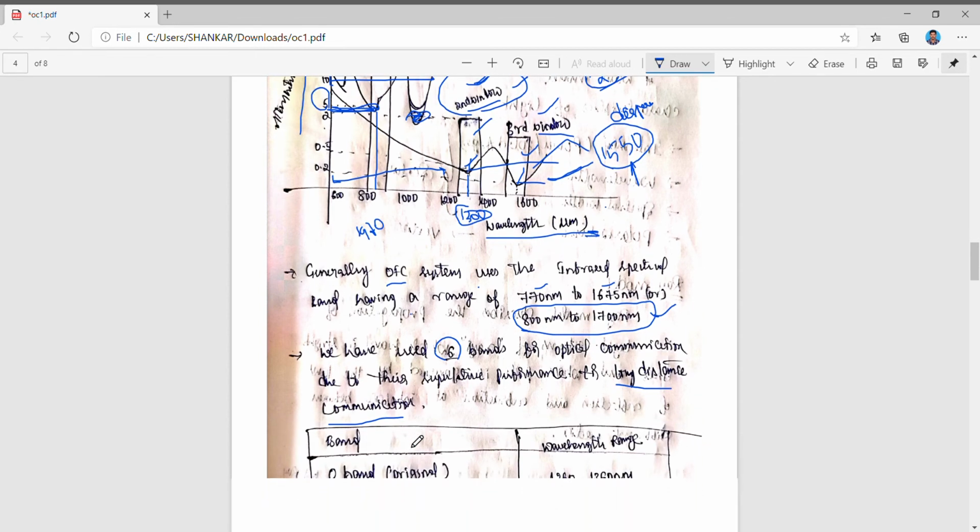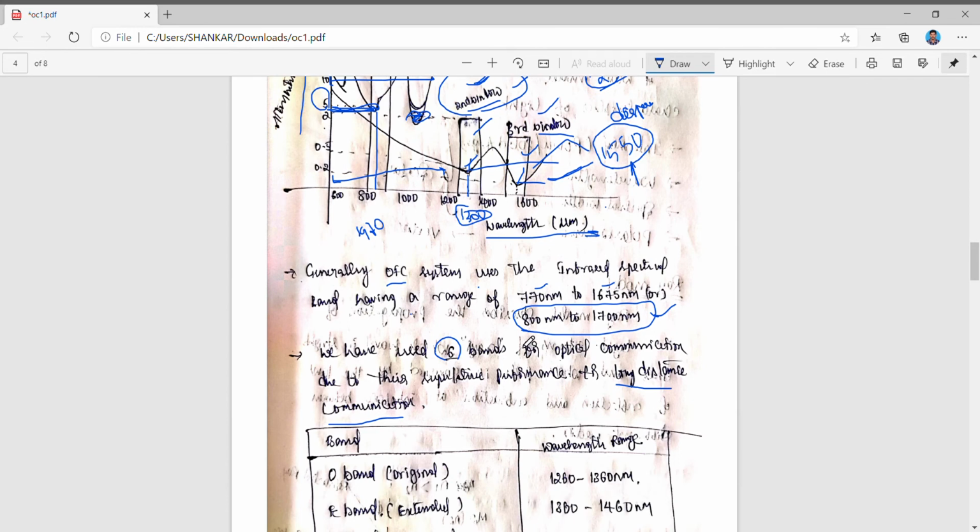Okay, so the entire frequency range for the optical communication window is 800 nanometer to 1700 nanometer. This entire 800 to 1700 nanometers we divide into different spectral bands, which I have given below. We have used 6 bands for optical communication due to their superlative performance for long distance communication.